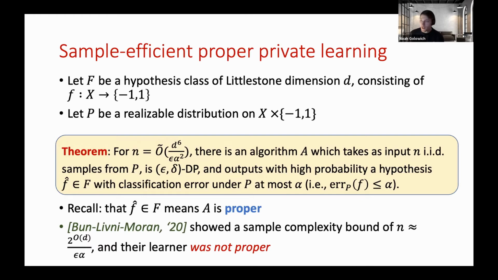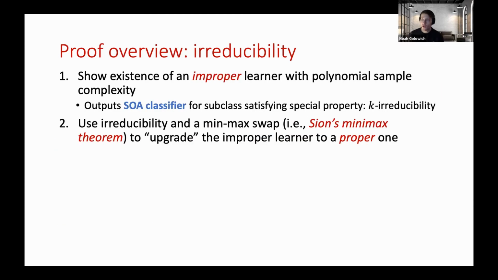Okay, so over the next few slides, I'm going to discuss the proof of this theorem. I'll begin by giving an overview of the proof. So the first step is to show the existence of an improper learner, which is differentially private and has polynomial sample complexity. And this improper learner satisfies an additional special property, which is that the classifier or hypothesis that it outputs is actually a special type of hypothesis known as an SOA classifier, which corresponds to some subclass of the base class, which in turn satisfies a special property that we're going to call K-irreducibility.